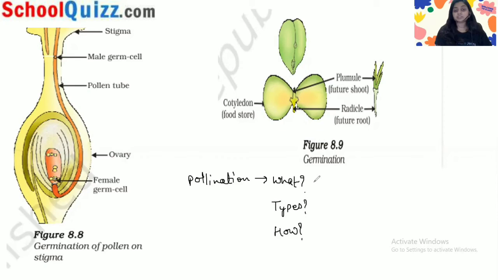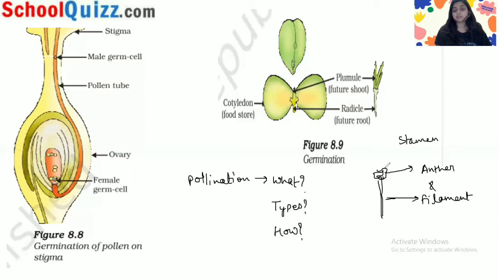So what is pollination? You know the stamen part of the flower. In the stamen there is an anther and a filament. Suppose this is an anther and this is the filament.